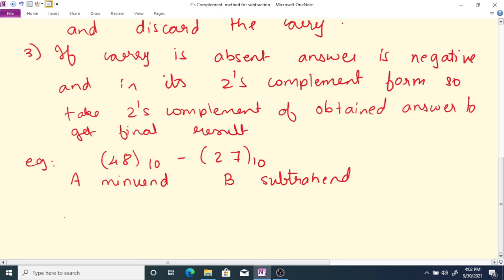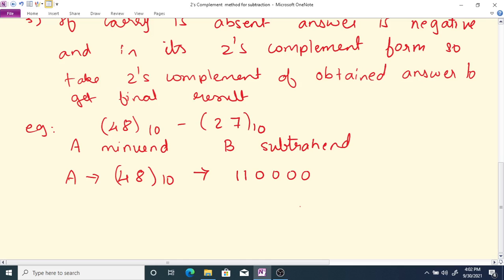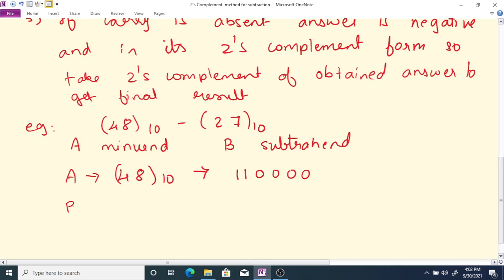So, first we will convert the given decimal numbers into binary. For 48 we will get 110000. Similarly, for B, that is 27 decimal, we will get the binary value 011011.